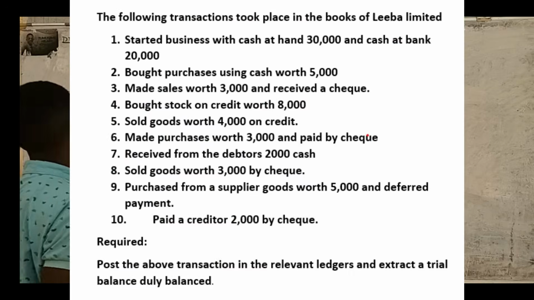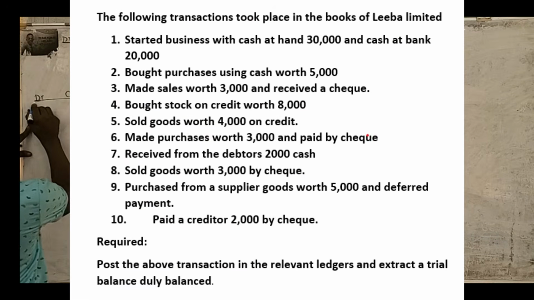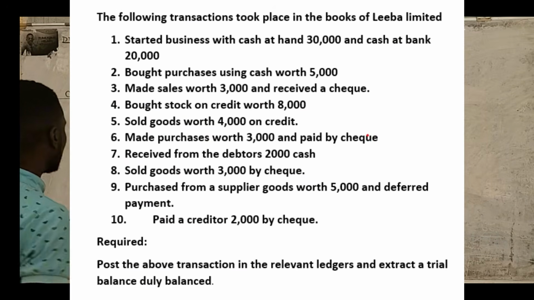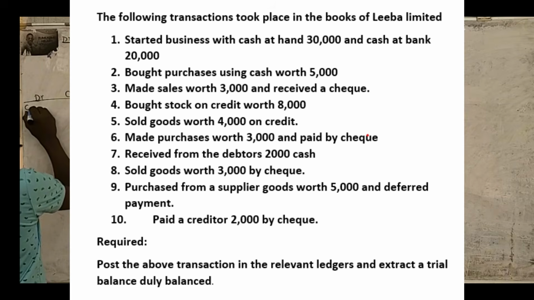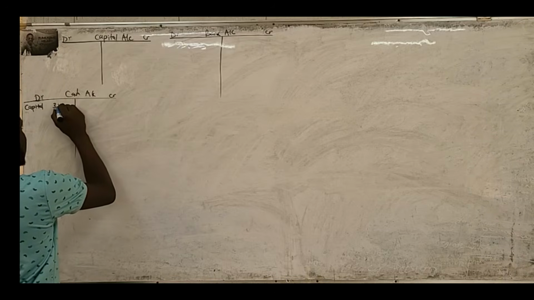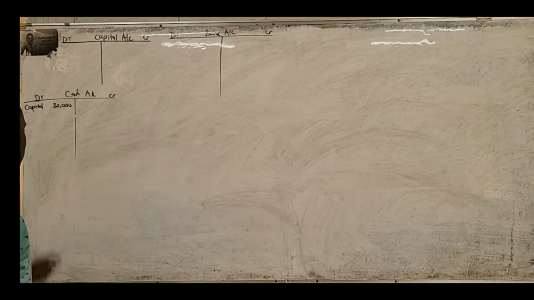Now, they're telling us that we started business with cash worth 30,000. If you check back in the question here, they're telling us that we started cash at hand 30,000. Therefore, we come here and say we started with cash, which was in the form of capital, 30,000.